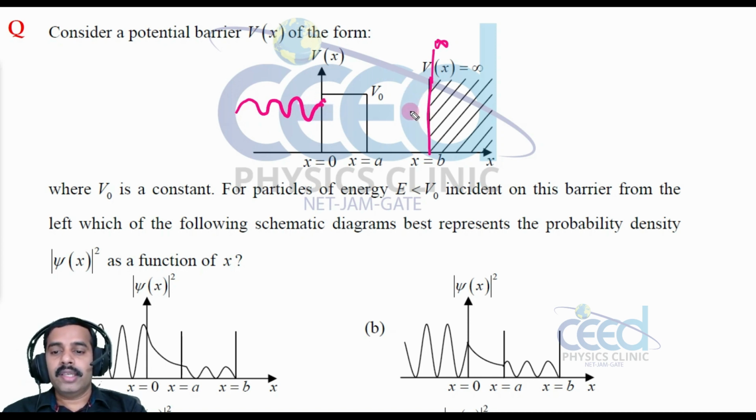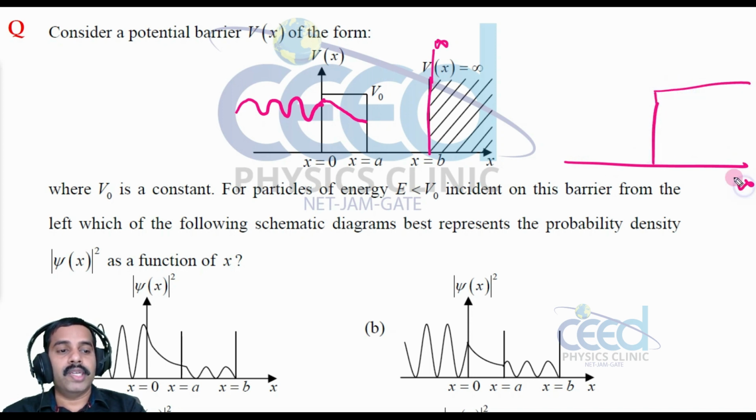As per our theory, it decays exponentially, but the barrier width is finite and does not extend to infinity. After this width, the decayed wave function again starts to oscillate, and at V equal to infinity there is a discontinuity. So this will be the suitable diagram.